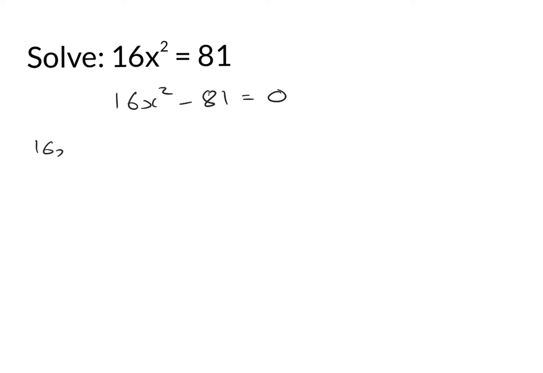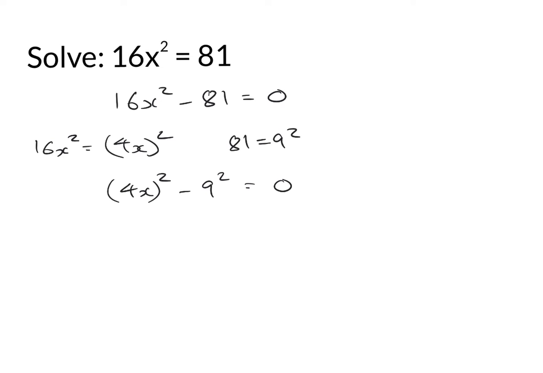I have 16x squared, which is equal to 4x all squared, and I have 81, which is equal to 9 squared. So I can rewrite my equation as 4x all squared minus 9 all squared equals 0. This is the difference of two squares, so I know straight away I can write 4x plus 9, 4x minus 9 equals 0.